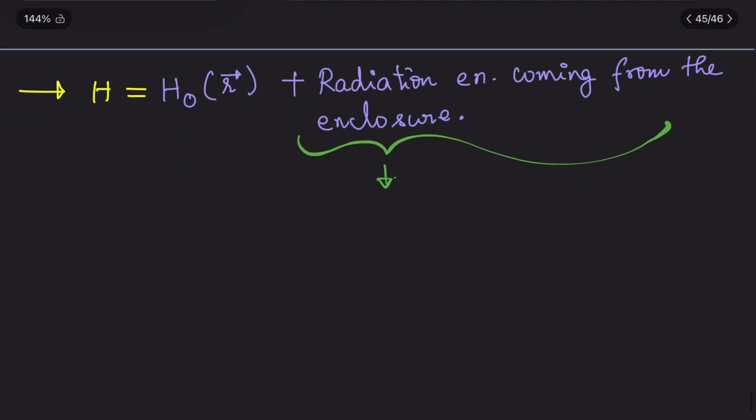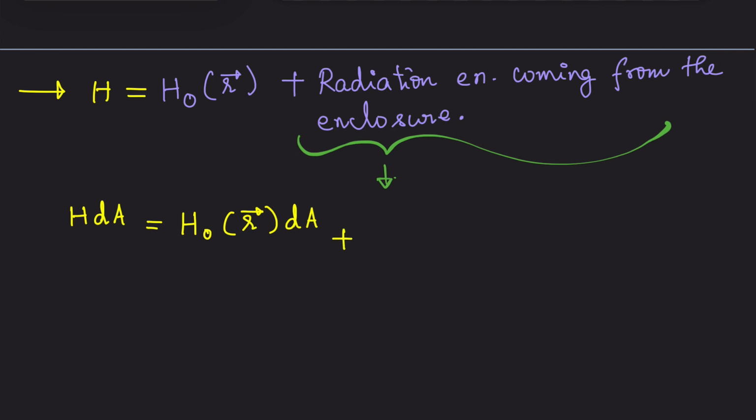Now see, if I need to know the total irradiation, then I have to write actually H into dA, because H is per unit area. So this will be H_O of r into dA.